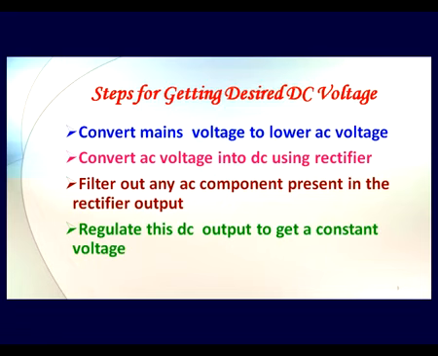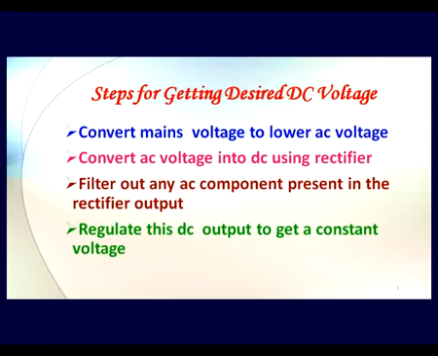The output of that rectifier, though it has a certain DC component, is not fully pure DC, but is always ridden with a certain AC component, which is called a ripple. Now to get rid of that ripple, we have to use another circuit block, called a filter.